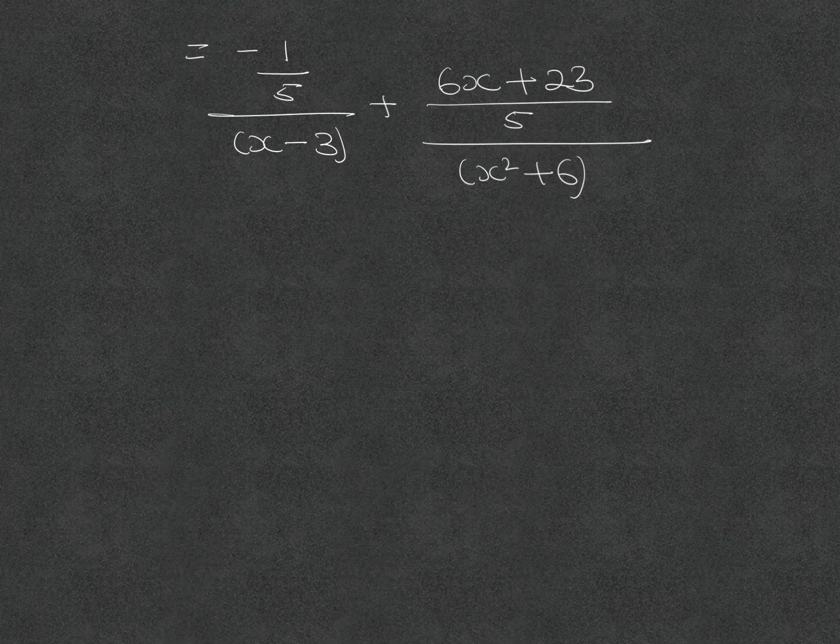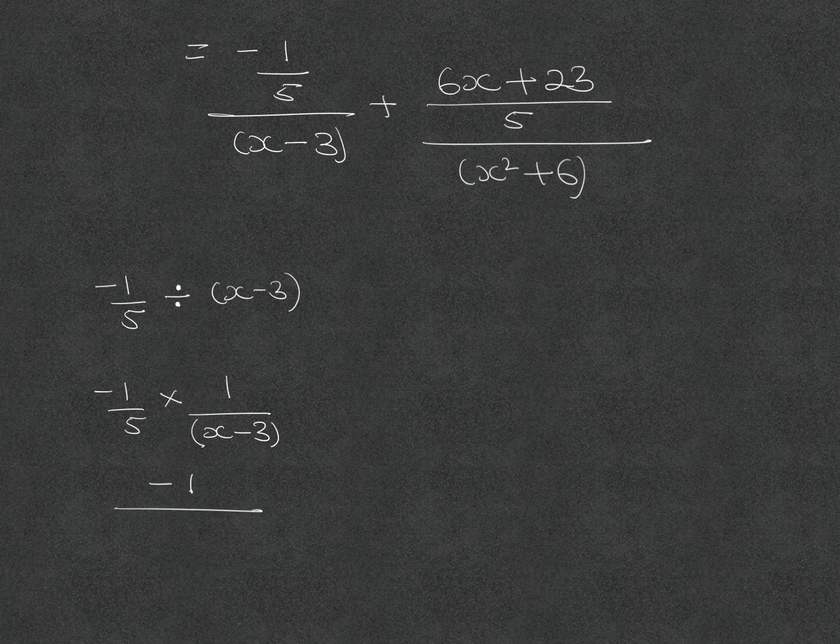So if we have minus 1 over 5 divided by x minus 3, that is the same as minus 1 over 5 times 1 over x minus 3. Okay, so minus 1 times 1 is minus 1 all over 5 times x minus 3, which we express as 5 into x minus 3.